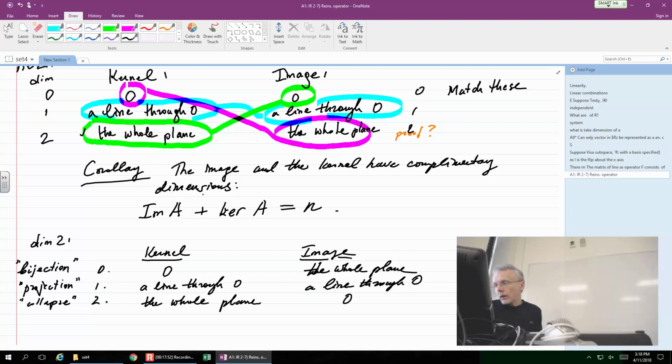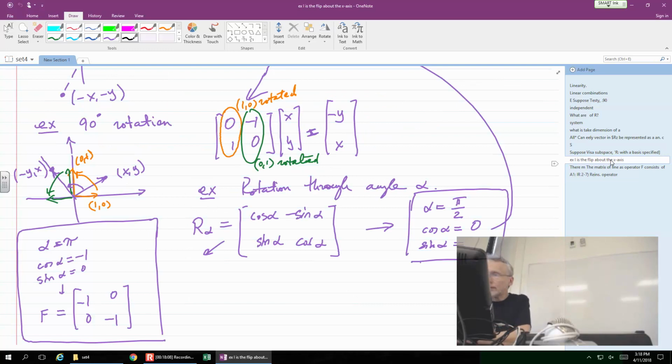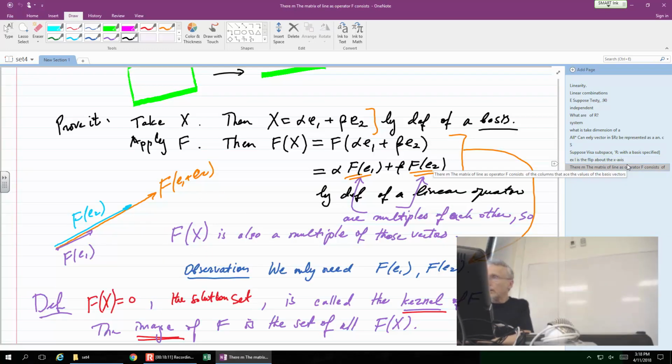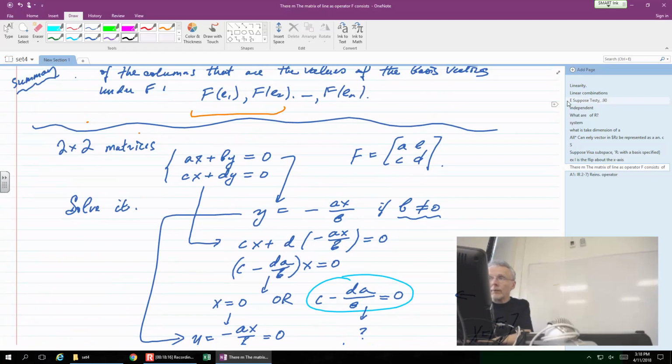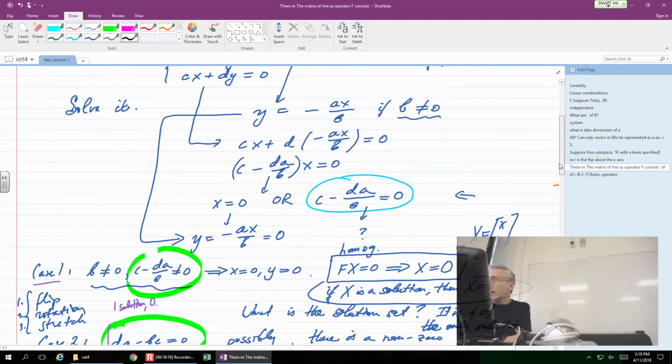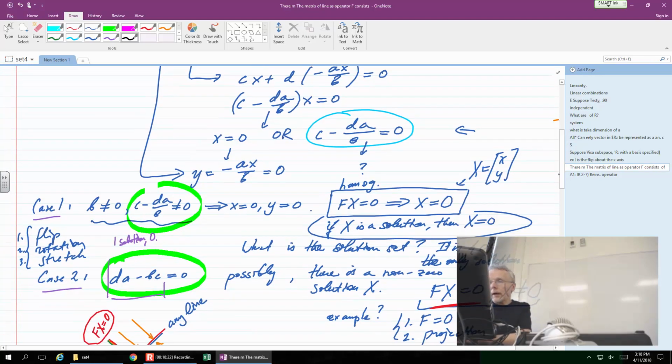What about the determinant? What does it have to do with the determinant? If you remember our initial discussion where the determinant came from in the two-dimensional case, we solved our system of linear equations 2 by 2, and the determinant appeared. Here we have only two cases: the determinant is or is not equal to 0.